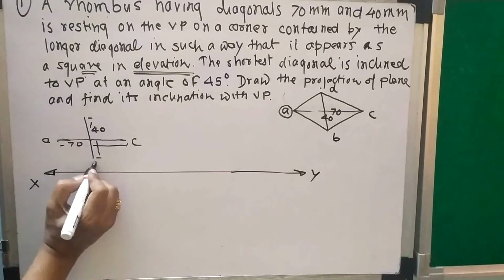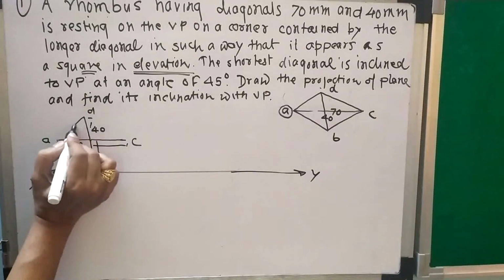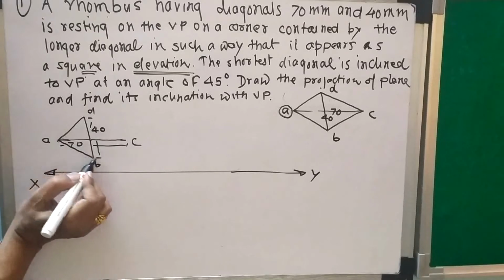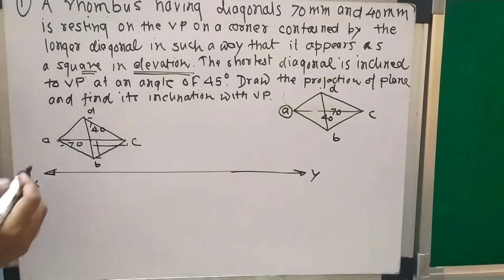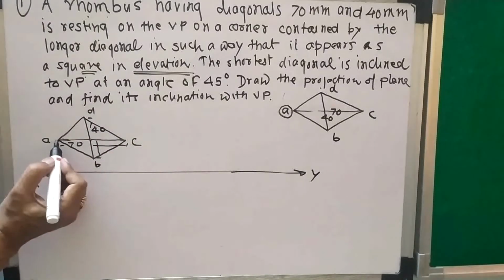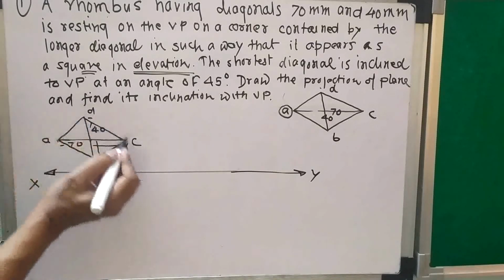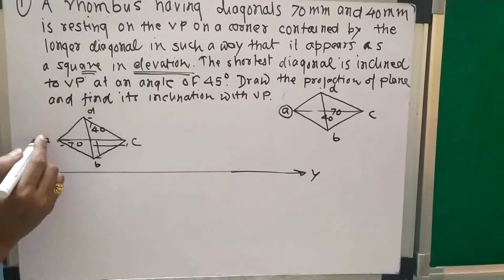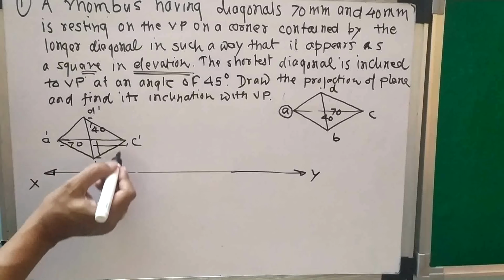So I will get A, B, C, D. So I will join this. So I got this A, B, C, D as a rhombus. So this is the 70 midpoint, and this is 40, 20 above and 20 below. In this way I will keep this rhombus in the vertical plane, and then I will project it.